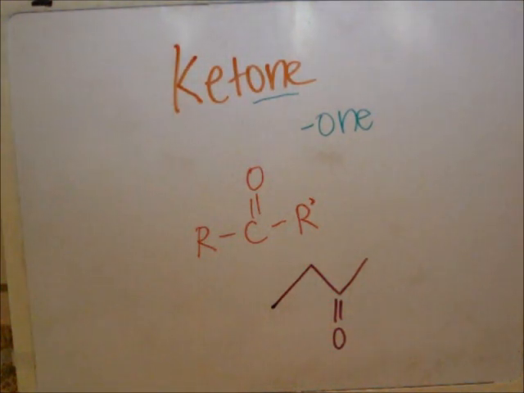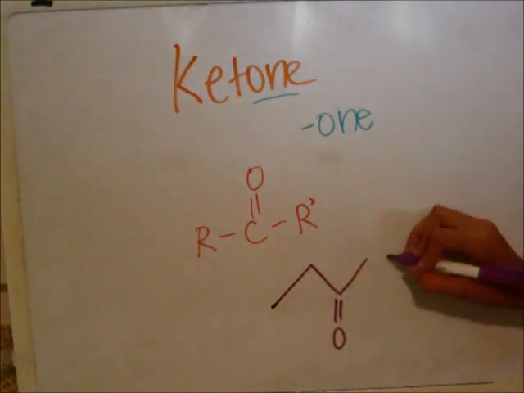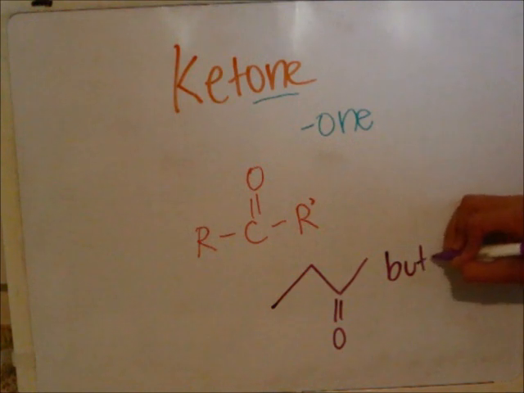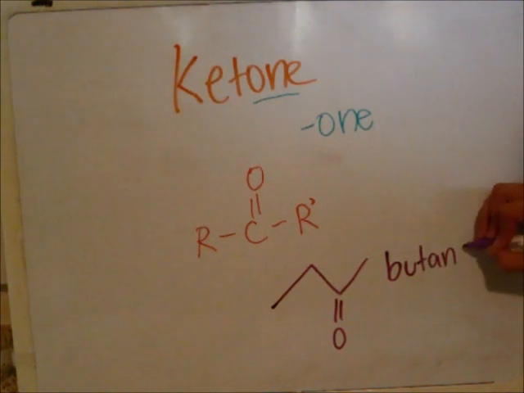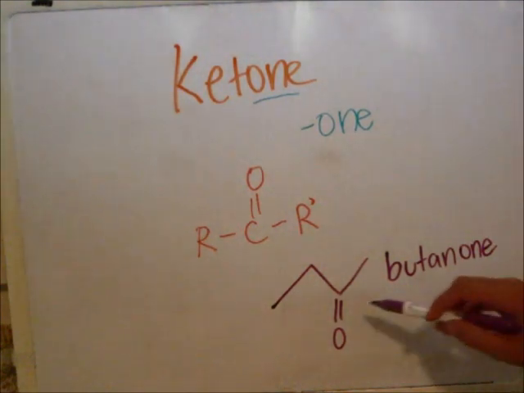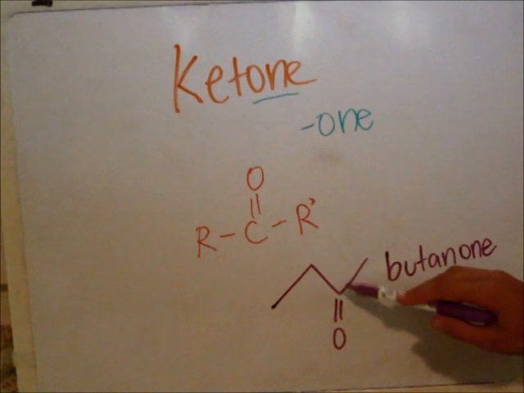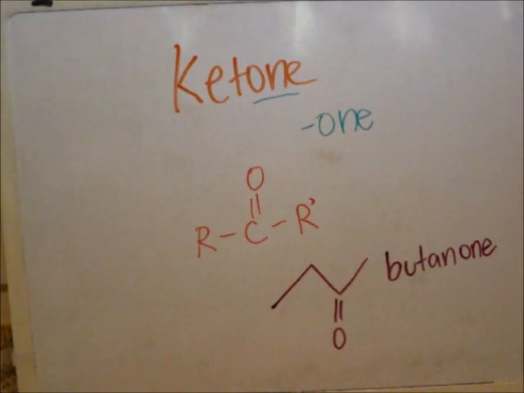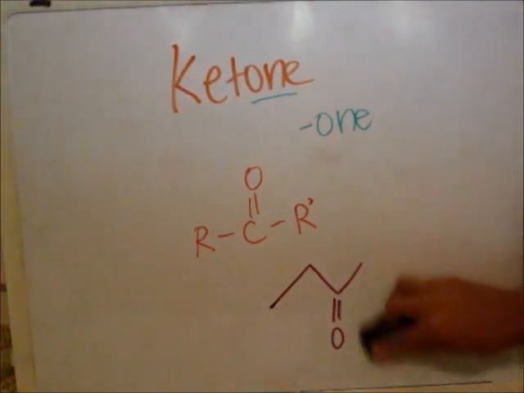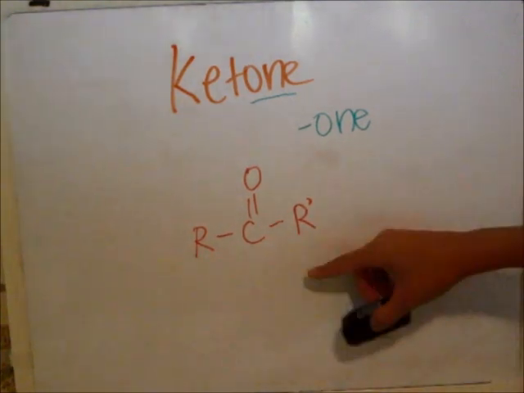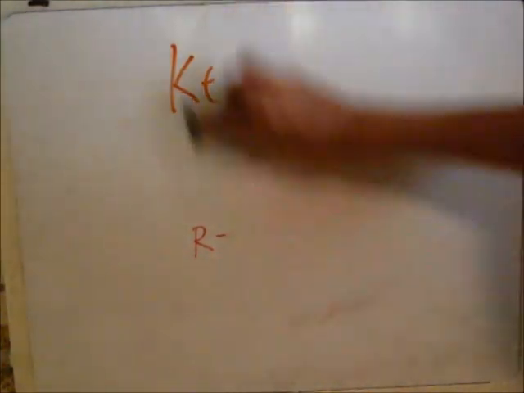There's 1, 2, 3, 4 carbons, so this is butanone. And we can tell because it's just a C double bonded to an O, and that's it. Simple enough. So those are ketones. Just know that these formulas are key. You'll definitely need to memorize these.